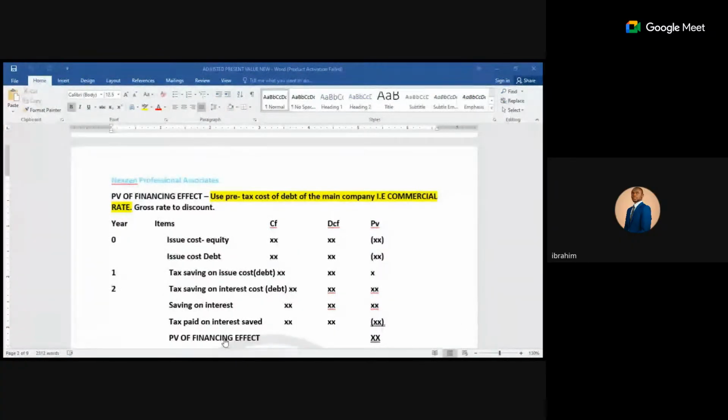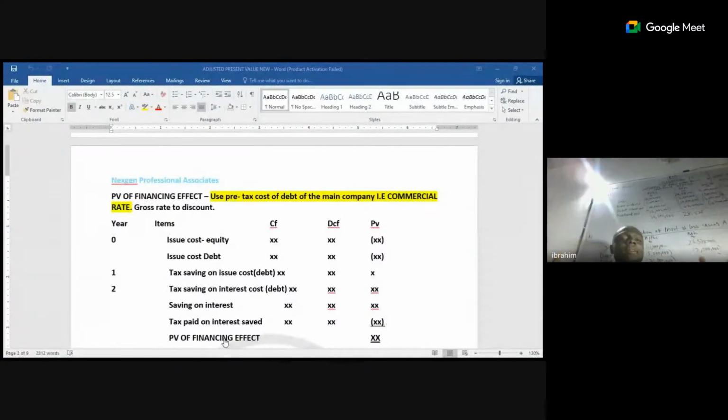Class, this 3% that you save is an inflow to you. So therefore, you need to multiply it by the amount you borrowed. We have what we call savings on interest costs. Of course, you've already saved money, so you have to pay tax. And that is what we call tax paid on interest saved.